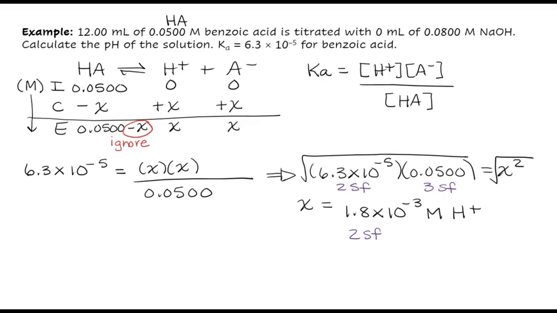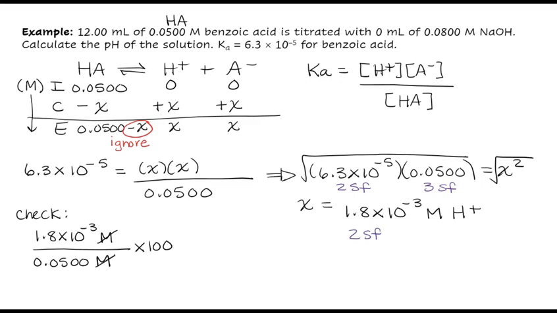Before I go any further to calculate the pH, I want to check the assumption. So to check the assumption, I take the value of x I just calculated, 1.8 times 10 to the negative 3, the units are molarity, divided by the initial HA, which was 0.0500. Units are also molarity, so the units will cancel, and when we multiply by 100, we will get a percent. For sig figs, we have 2 sig figs in the numerator, 3 in the denominator.